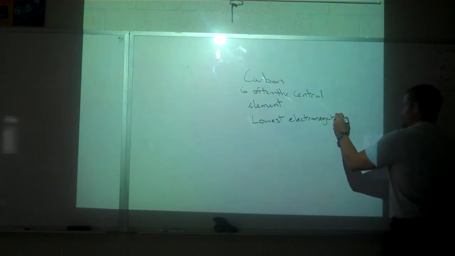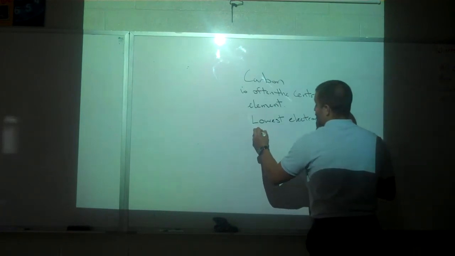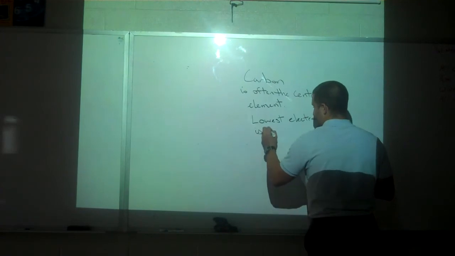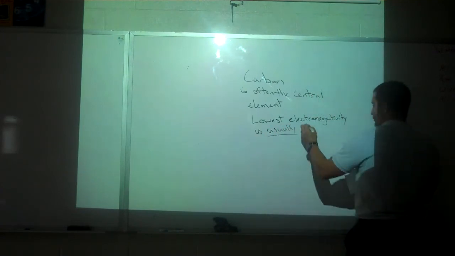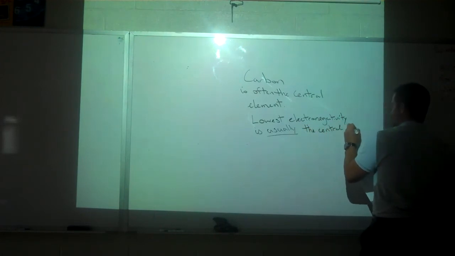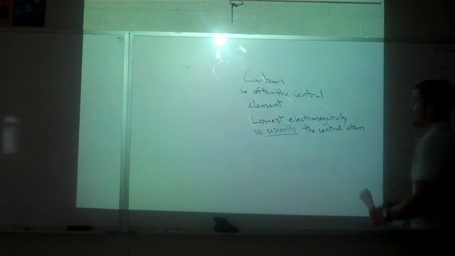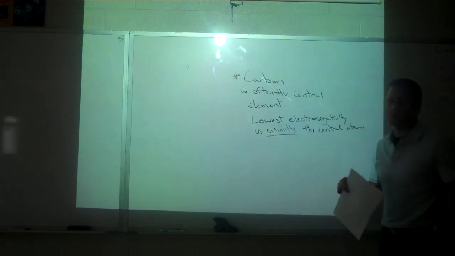The one with the lowest electronegativity is usually the central atom. Okay, that may confuse you. The main thing I want you to know is that carbon is the central element. If I give you one with carbon, it's probably a central element.